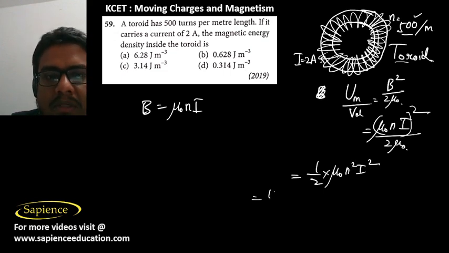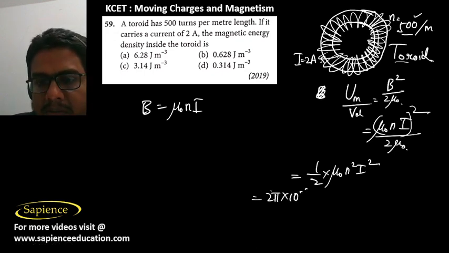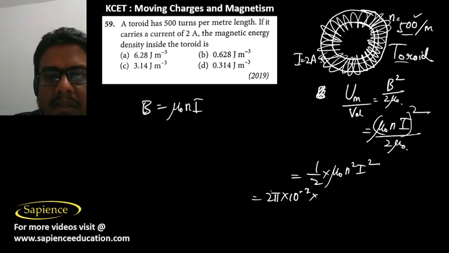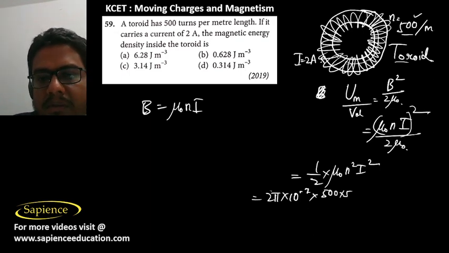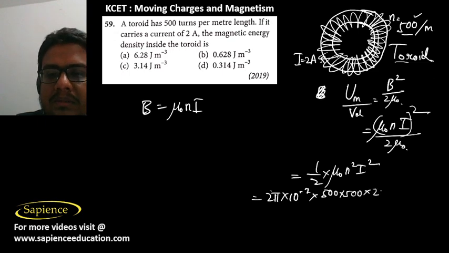Mu naught is 4 pi into 10 power minus 7, so this is 2 pi into 10 power minus 7 into n square. n is 500 turns, so 500 into 500 into I square, and I square is 2 into 2.